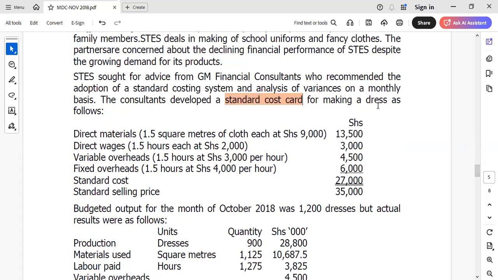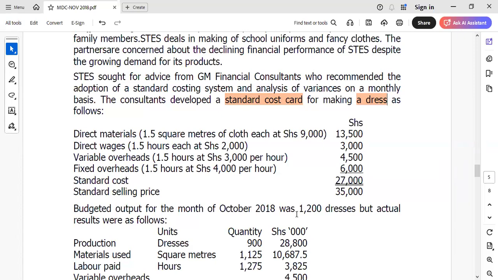This is a standard cost card for making a dress, one dress. As you make a dress, you need different items. You need materials, you need labor, you need to look at the variable overheads, you need fixed overheads. But this is just the standard cost card, and it is based on the budget.